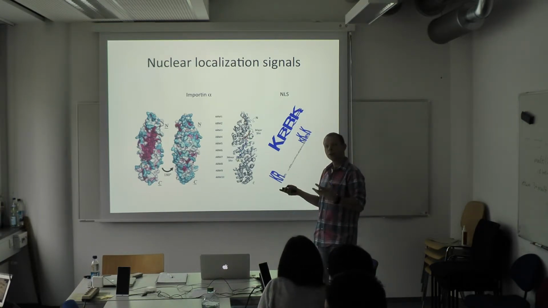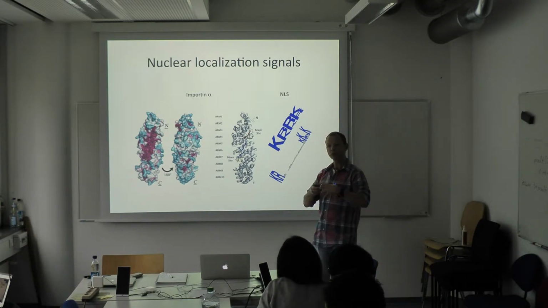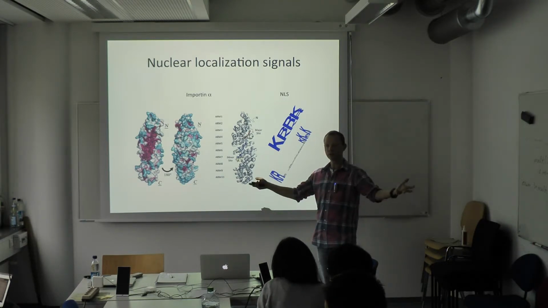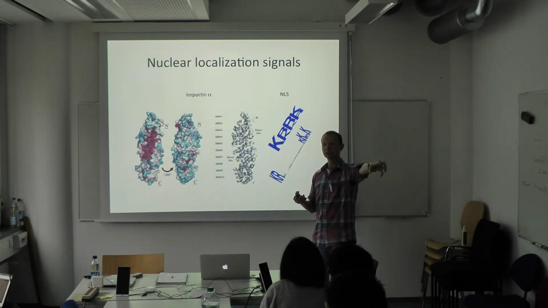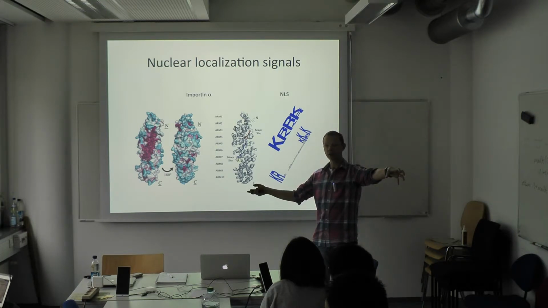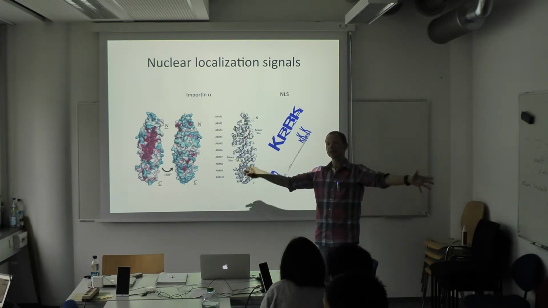Now, those cargo proteins could, of course, be a range of different proteins. And as I mentioned earlier, they might have a function in binding to DNA. They might carry out completely different functions as well. So these are proteins that are widely different.